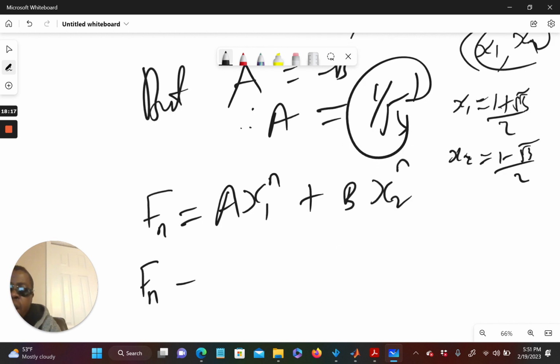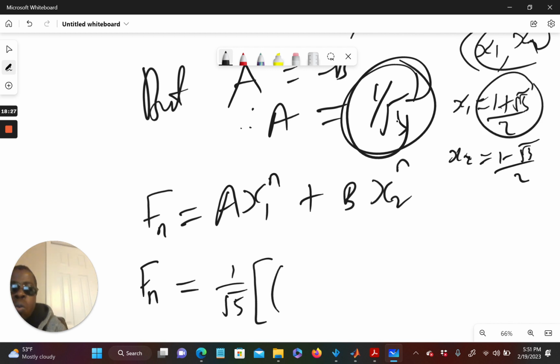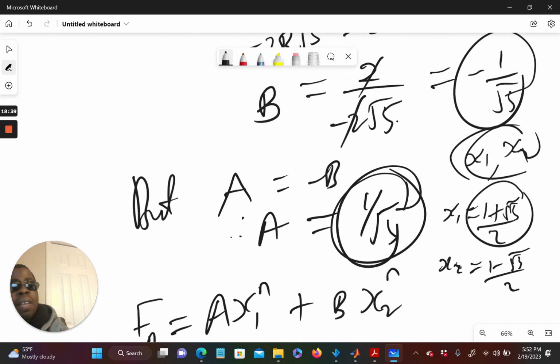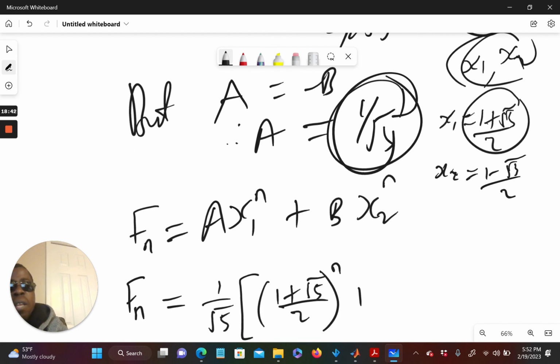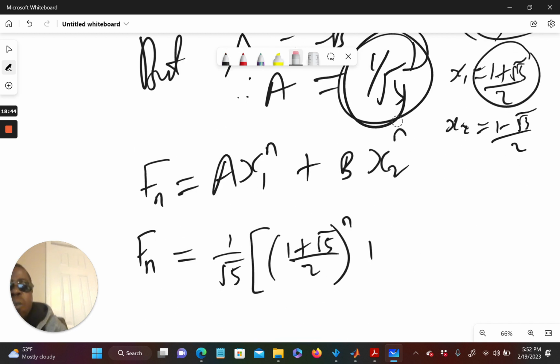You have your Fn. My a is 1 over root 5, right? So 1 over root 5 into my x1, which is 1 plus root 5 over 2 raised to power n, plus, now my b is negative. See, my b is negative here. So that will be negative 1 minus root 5 over 2.